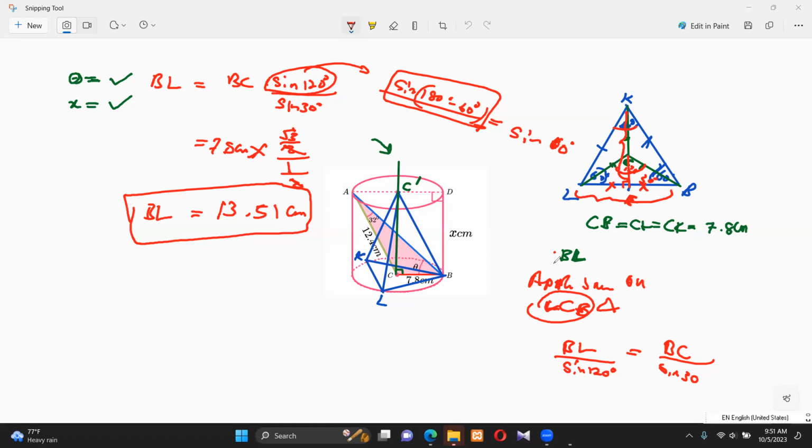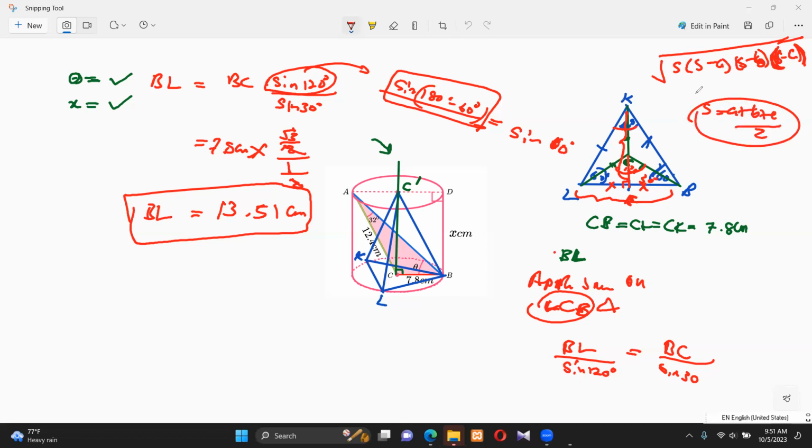Actually there is an equation, where the sides are denoted with general notations and S equals half of the perimeter of the triangle. This gives us the area exactly, but it is not in our syllabus, so I will not depend on that here.